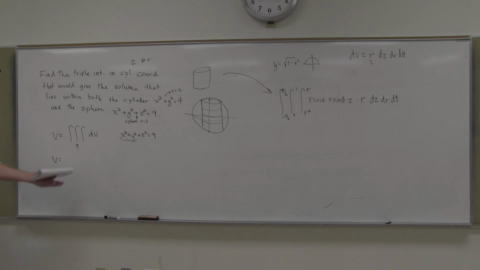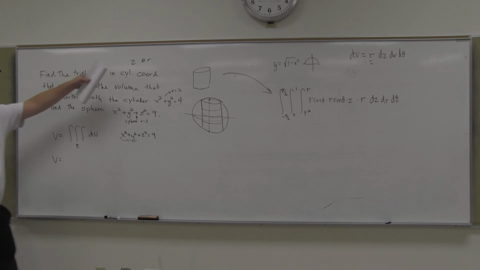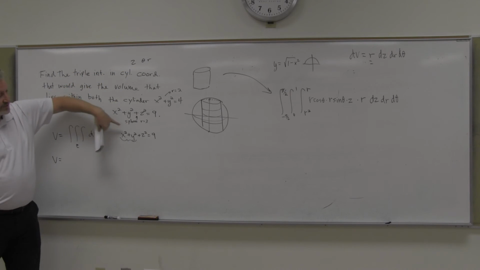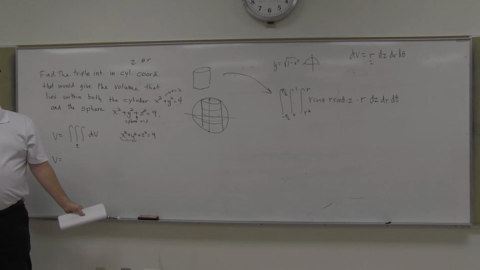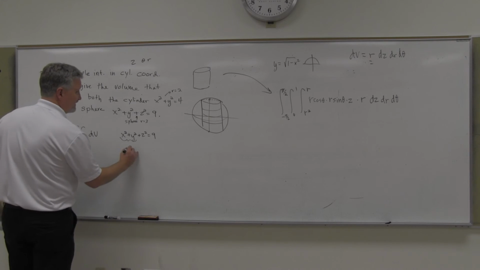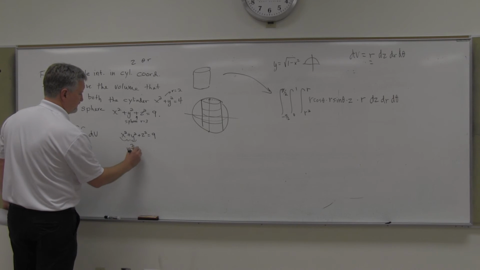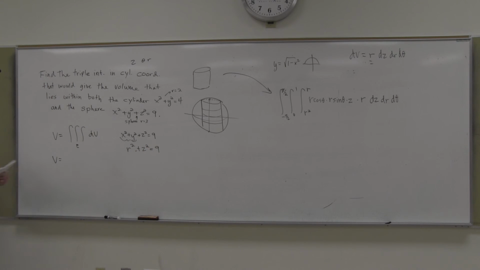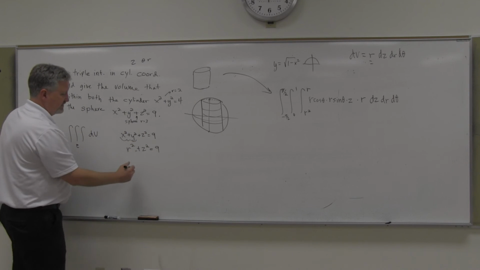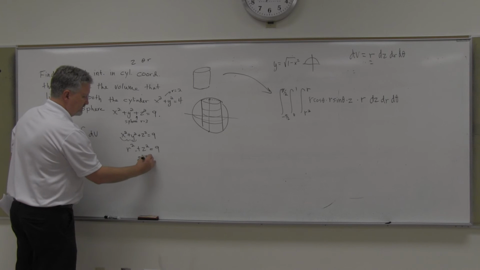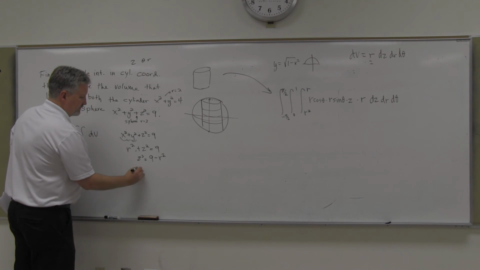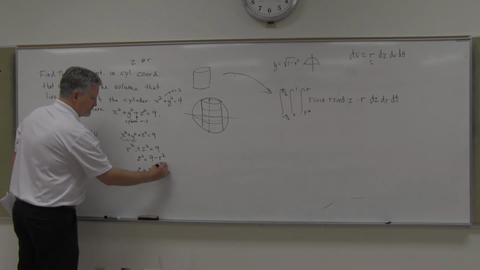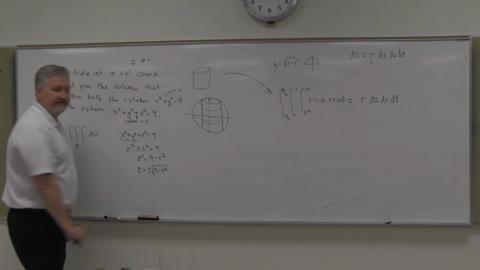But the good news is, convert to z, thetas, and r's. What is x squared plus y squared? That's r squared, isn't it? And so getting that top half and the bottom half is not too bad, because it's going to be plus or minus the square root of 9 minus r squared.